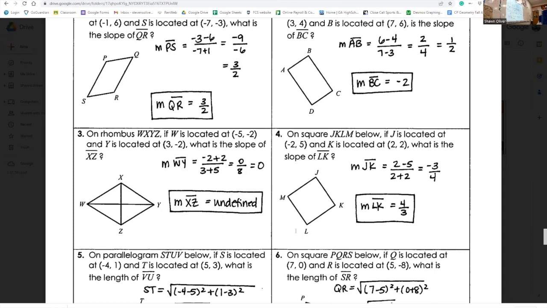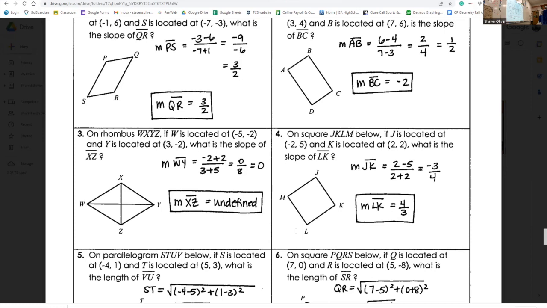Number 4, it tells you what kind of shape. Square. What do we know about the vertices of squares? They're all congruent because they're all the same. They're all 90.